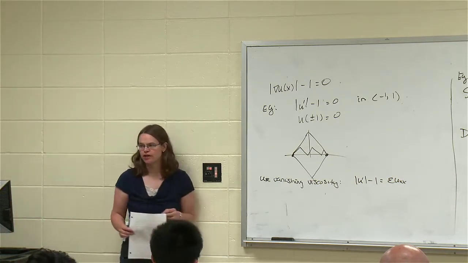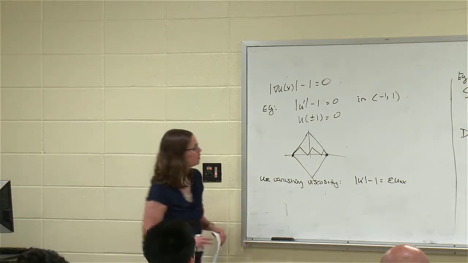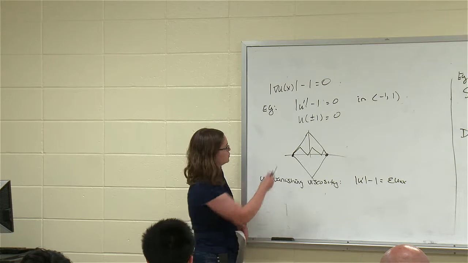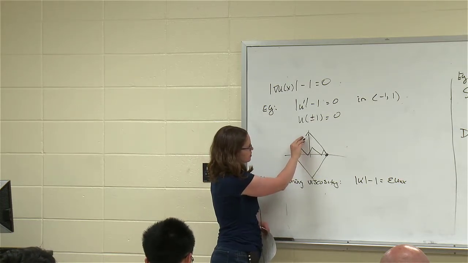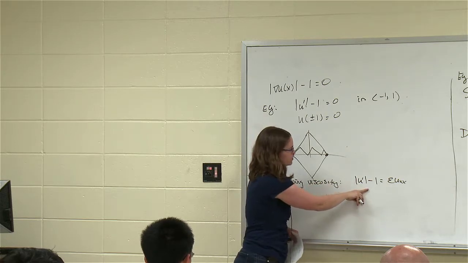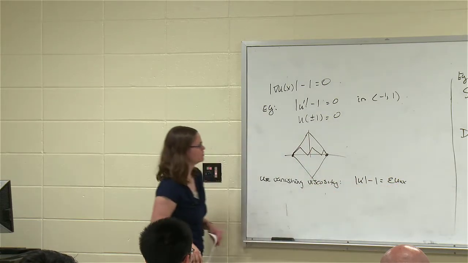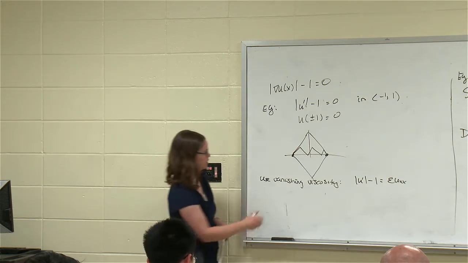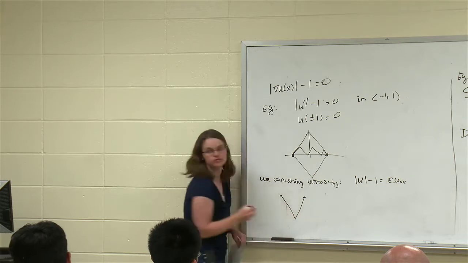And now this is going to try to smooth things out. Let's see, what's this going to do? If you have something like this, then u prime is less than 1, negative here. So it wants the second derivative to also be negative. So it's going to give you this solution.